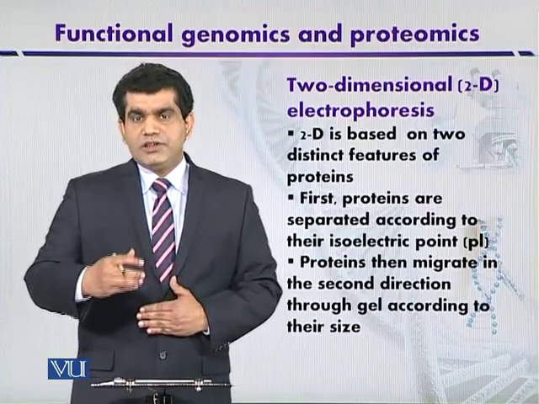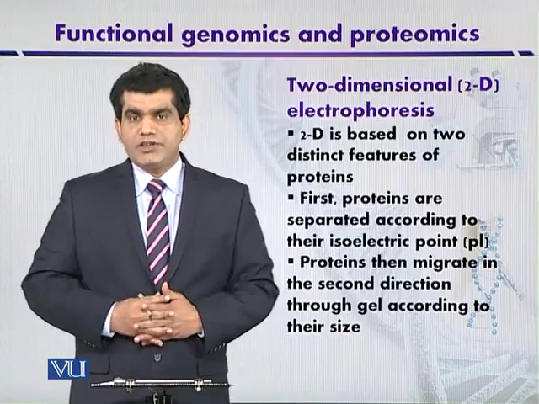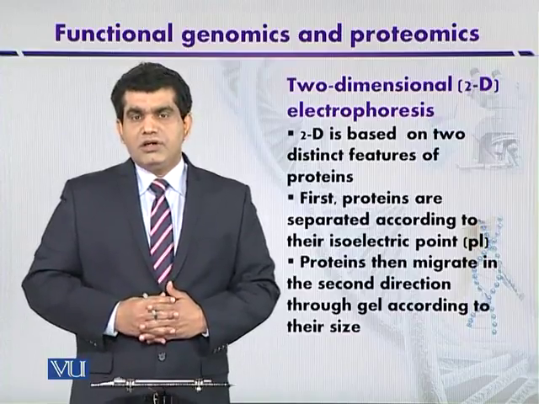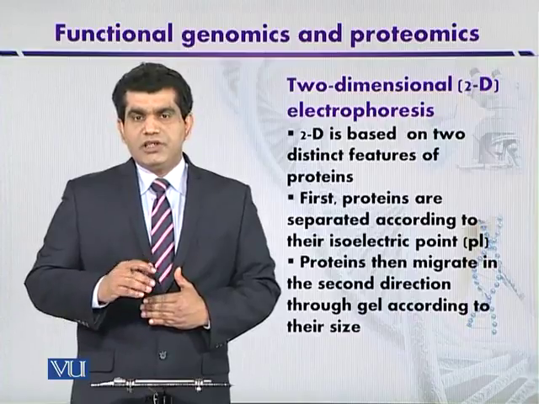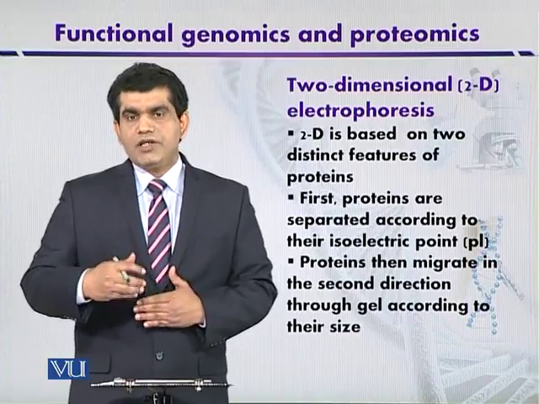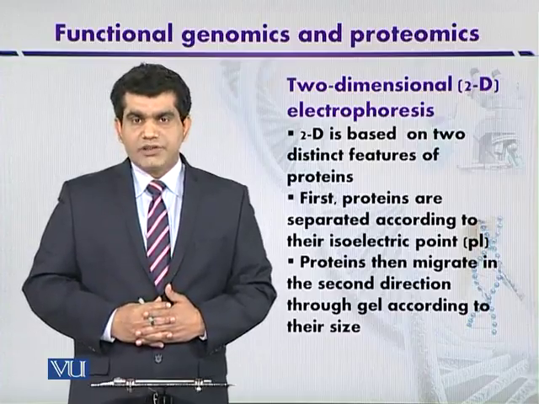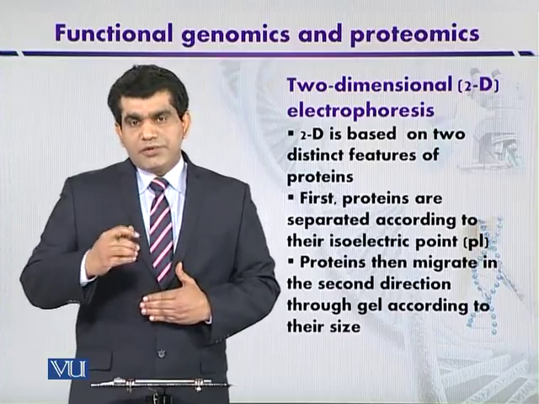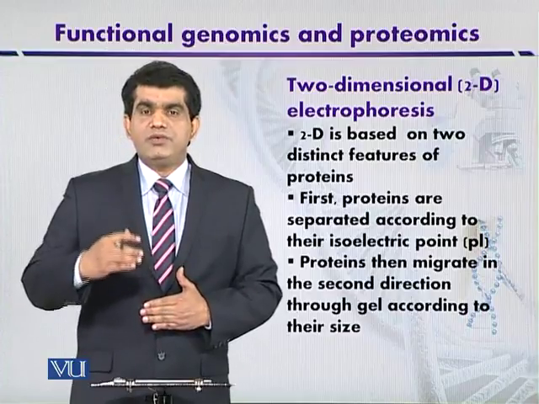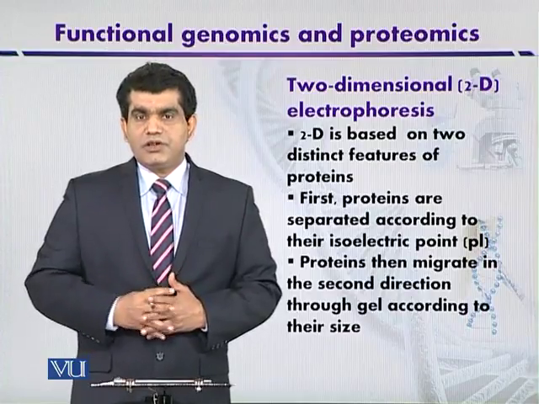As far as this 2D gel electrophoresis is concerned, it can be combined with SDS-PAGE, sodium dodecyl sulfate polyacrylamide gel electrophoresis. And what is the principle that we can use for the separation of proteins?